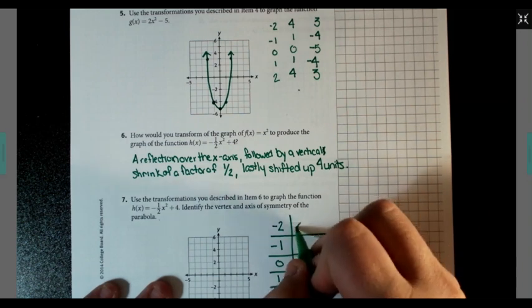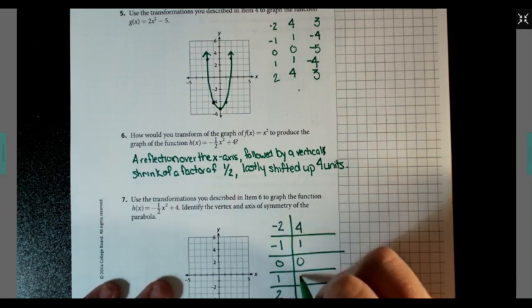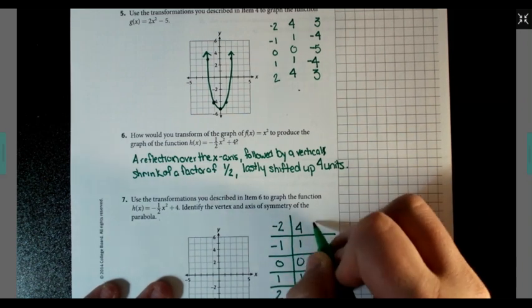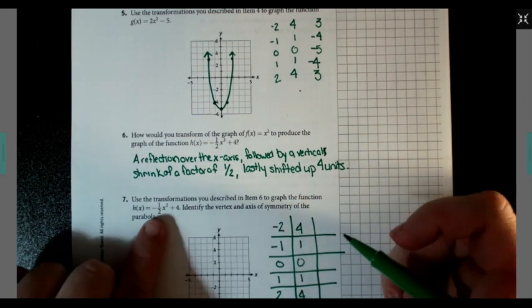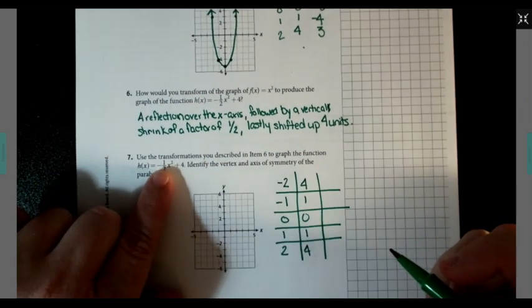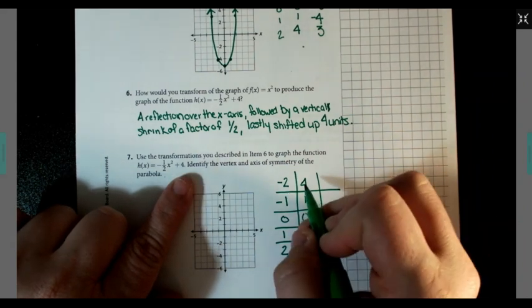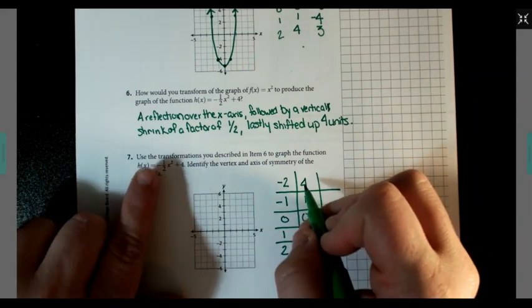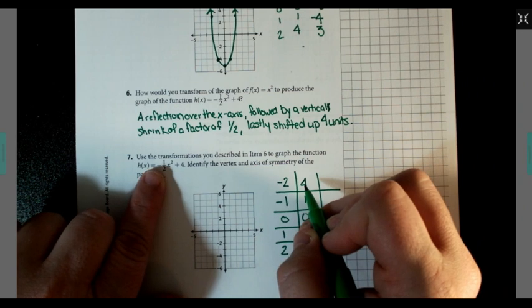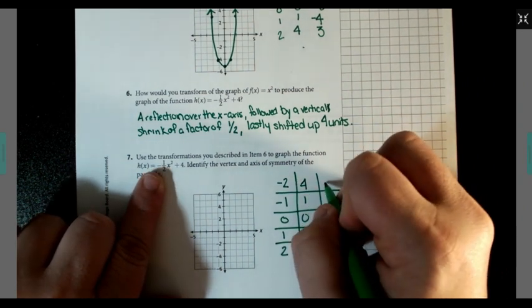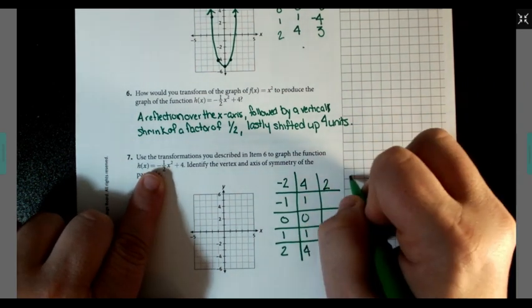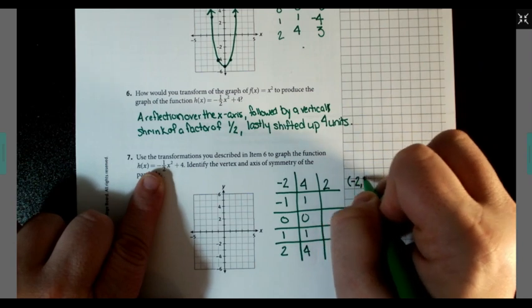And our main function would be 4, 1, 0, 1, 4. Here we're going to multiply by -1/2 and then add 4. Well, half of 4 is 2. Negative would be -2. Plus 4 is +2. So this ordered pair would be -2, 2.